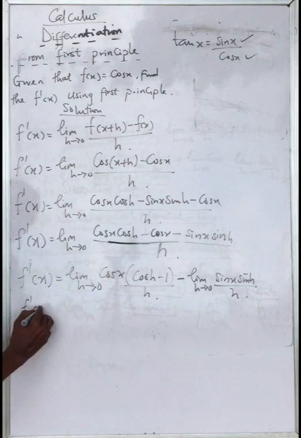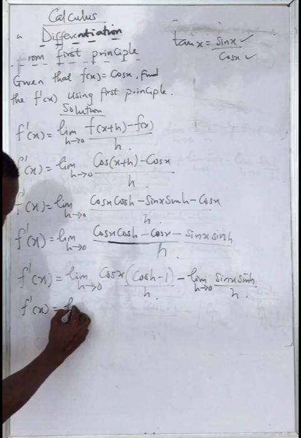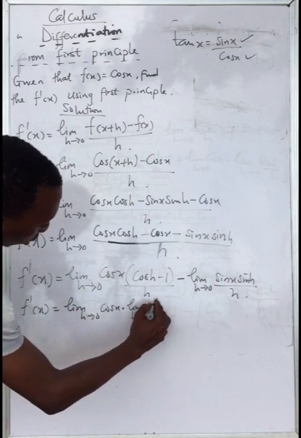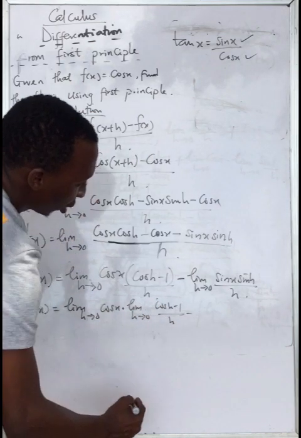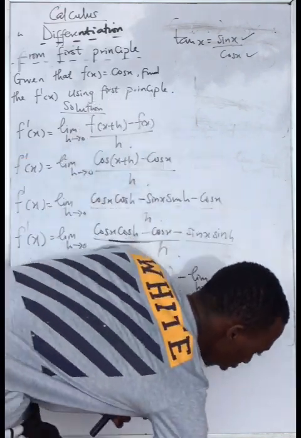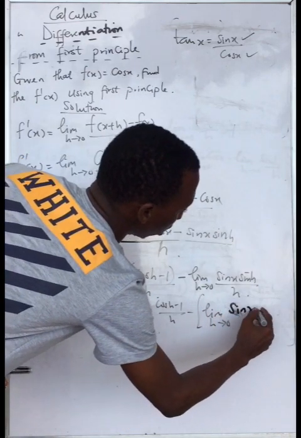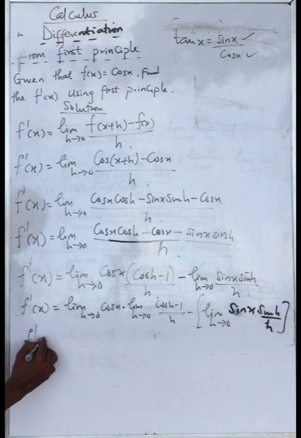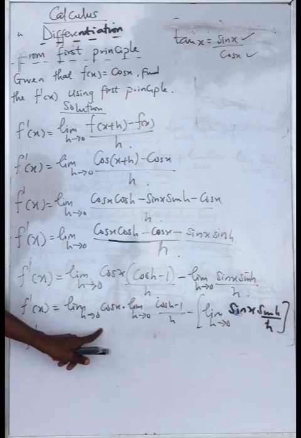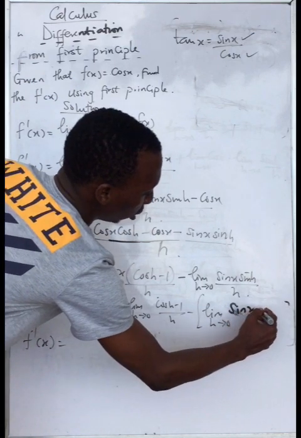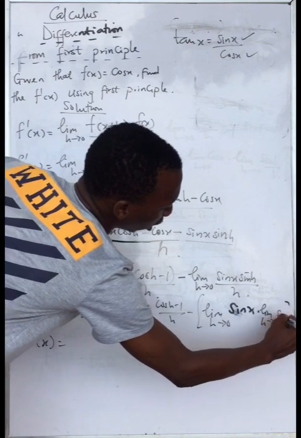So my f prime of x becomes the limit of h tends to 0 of cos x times the limit of h tends to 0 of (cos h minus 1) over h, minus the limit of h tends to 0 of sin x, times the limit of h tends to 0 of sin h over h.